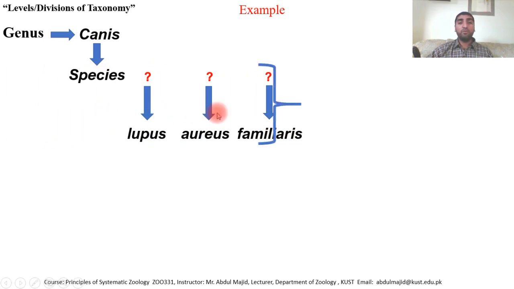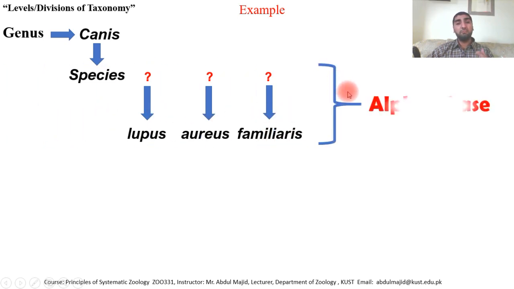This is microtaxonomy, and specifically the alpha phase, because you are working at species level. You identified these species by discriminating their characteristics.